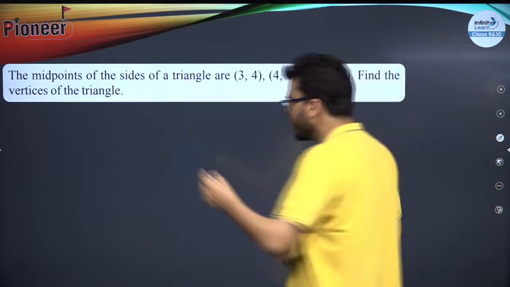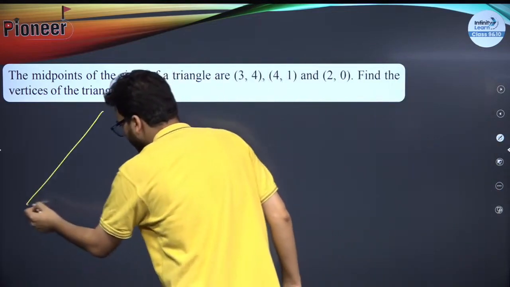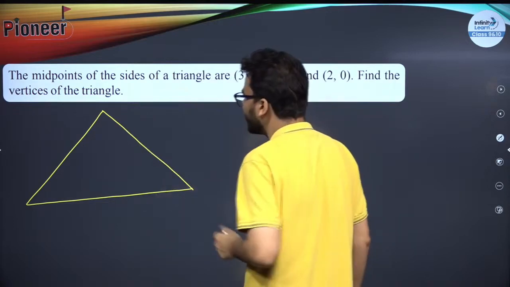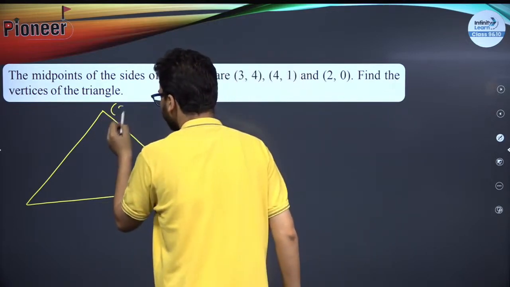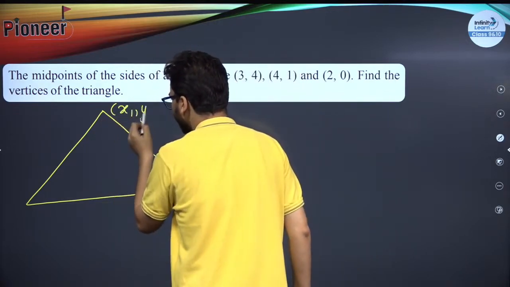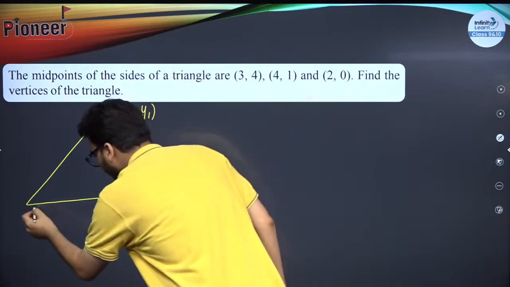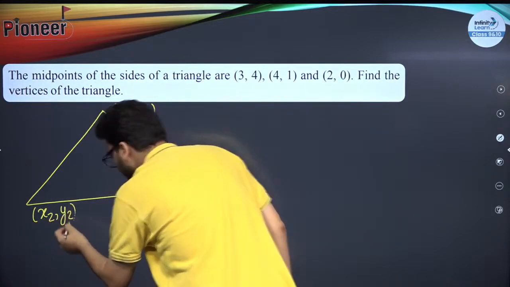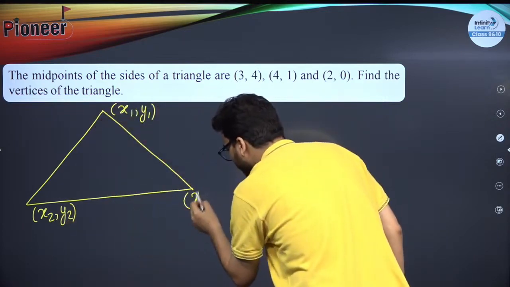So you have been given a triangle. Suppose it is something like this. We don't know the exact figure and we don't need to know it either. Suppose the coordinates of the vertices of this triangle are x1 comma y1, x2 comma y2 and x3 comma y3.